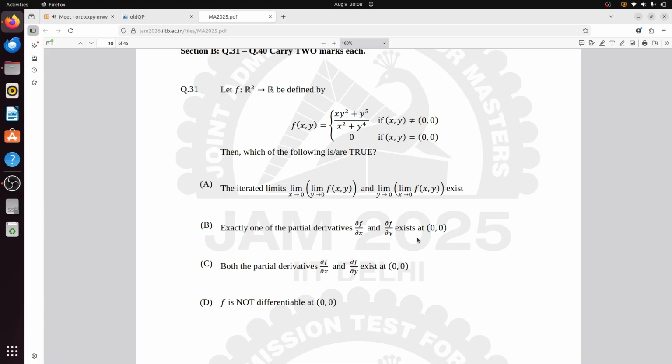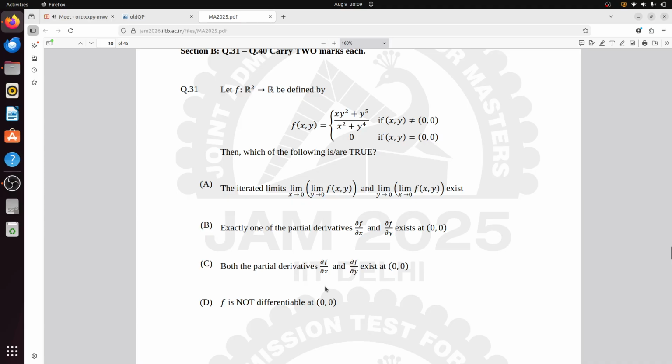If you put f of h, 0, it is equal to 0, since f of 0 is 0. f of 0, k is k to the power 5. Ultimately as k tends to 0, the limit exists. So both partial derivatives del f del x and del f del y exist at 0, 0.